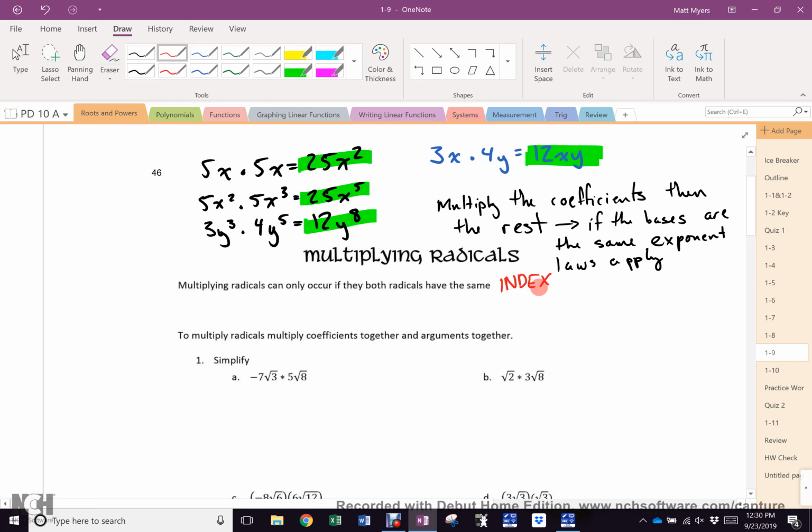Of course it is index. Now let us discuss why. It couldn't possibly be the radicand because we were able to do this, were we not? We just lined up the x and y when they weren't the same. So it wouldn't be the radicand. So we come to the second sort of decision. It must then be the index. And let's think about why. The cubed root of 3 times the root of 2.